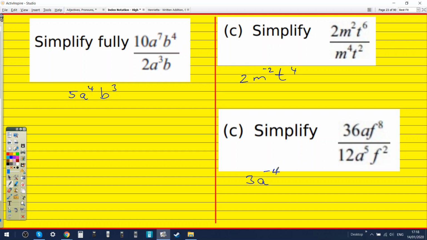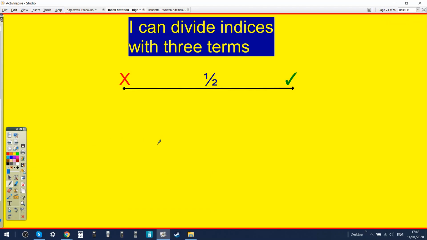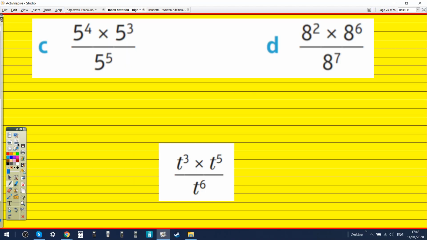Minus. Yeah. F^6. Well done. Very tricky. How about that one? Yeah. So like all these, the hardest part is the negatives and fractions.